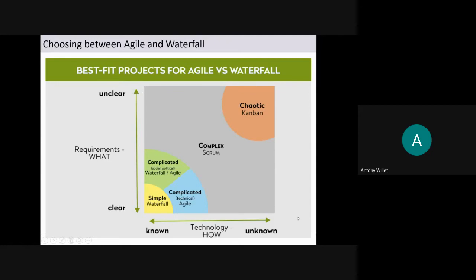I hope you understood the x-axis and y-axis. X-axis is the technology using which the team is going to develop the project. Y-axis is the requirement, mainly to the customer as well as to the market or to the development team, whether it is clear or not clear. Let us say this is 25%.